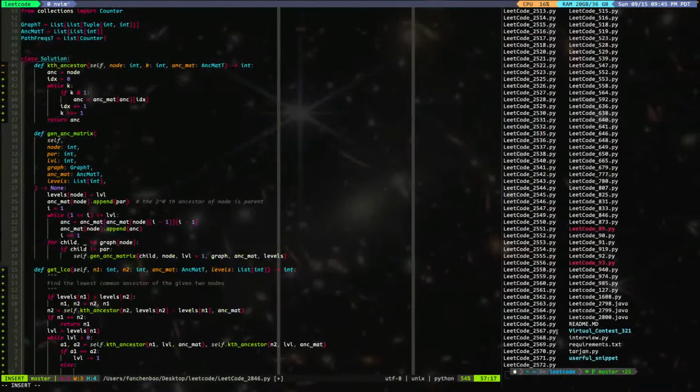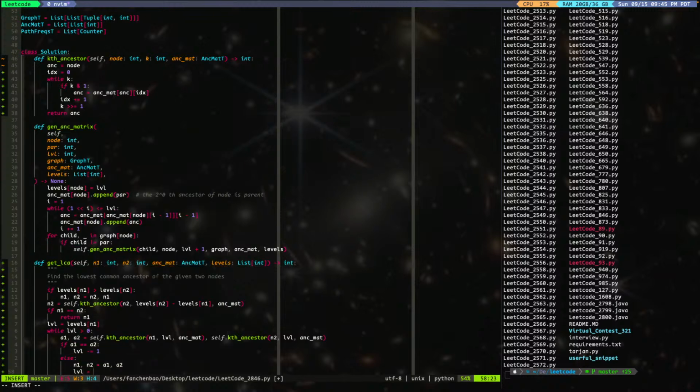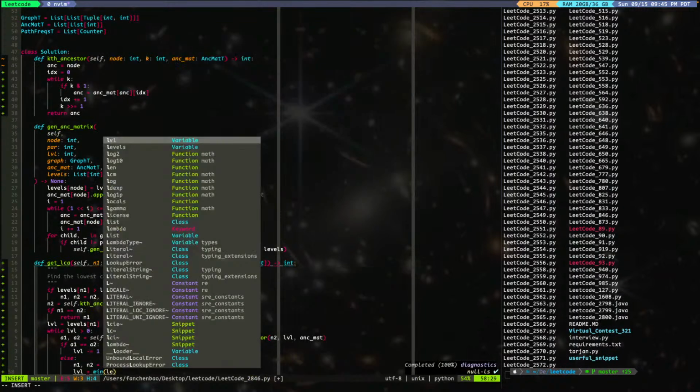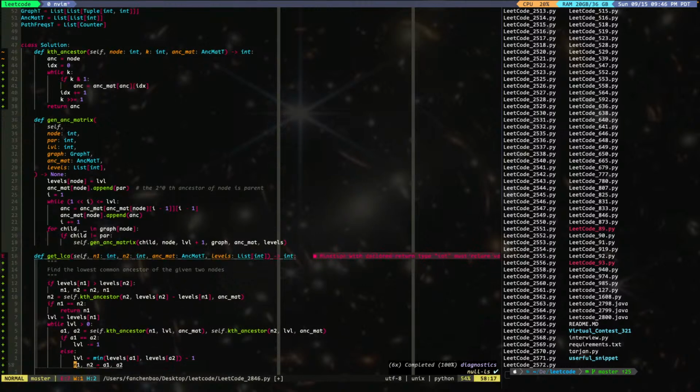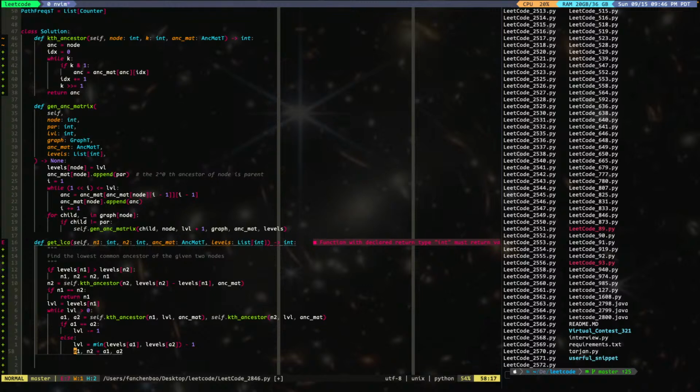If it's not equal, we swap them first: n1, n2, a1, a2. Then level shall equal the minimum of levels a1 and levels a2's ancestor minus 1. And we'll return n1 at the end when they get out.